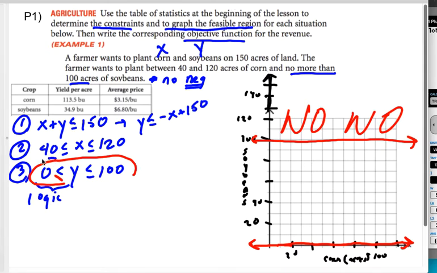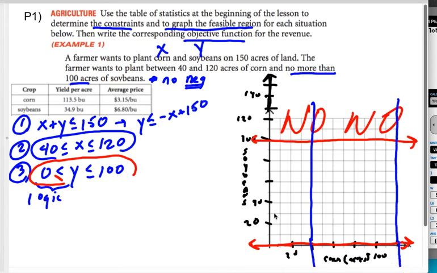In blue, I'll do the X's, right? I need to be between 40, so here's 40, and 120, which is here. So I can basically put no's outside of that. So anywhere outside of that's going to be a no. So I'm shading somewhere in that middle.